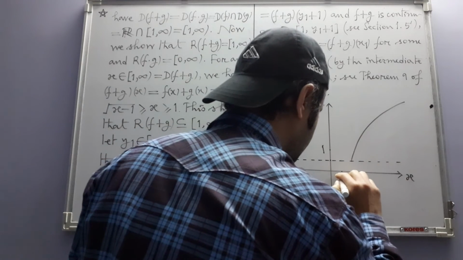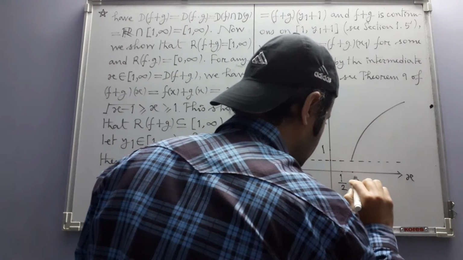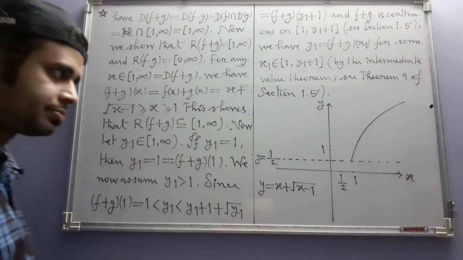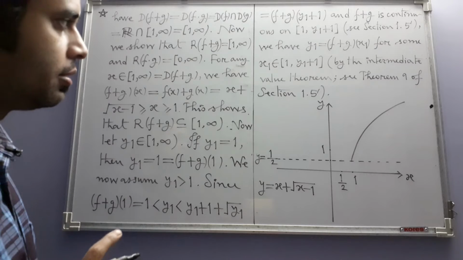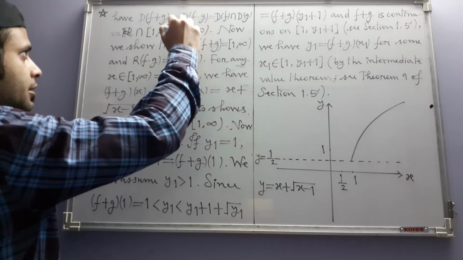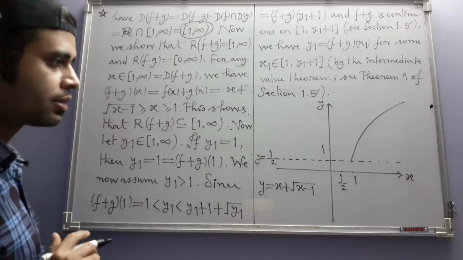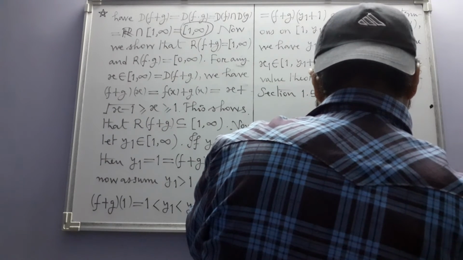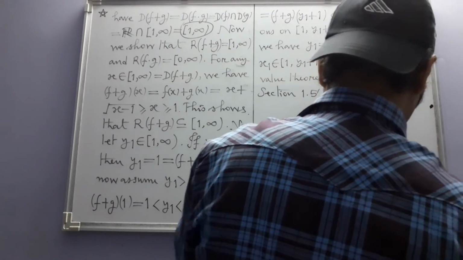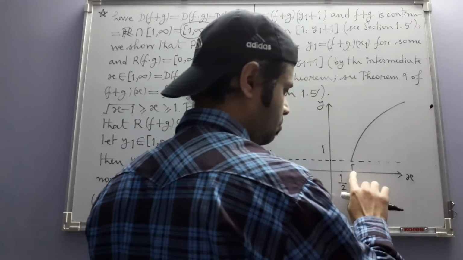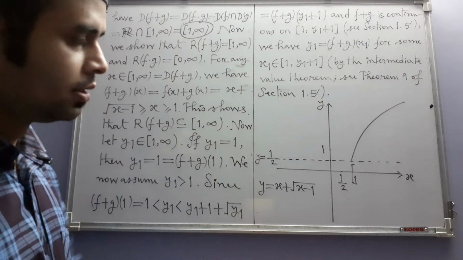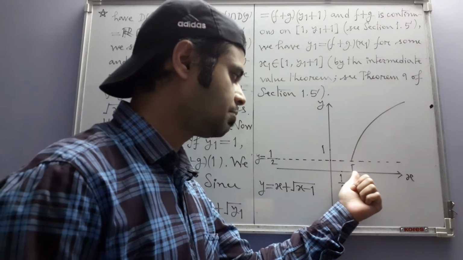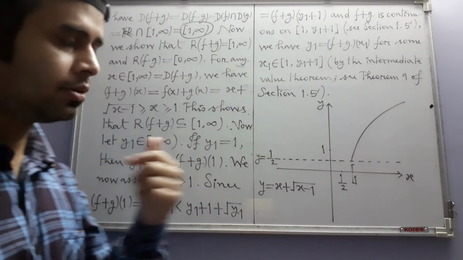Okay, so this is our 0.5 and this is 1. So you see that this is the domain of the function, right? 1 comma infinity. So our domain is this ray 1 comma infinity. We can only take the outputs from here. The smallest possible output is 1.